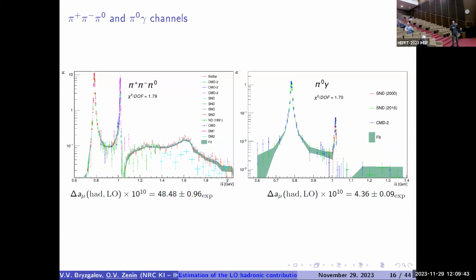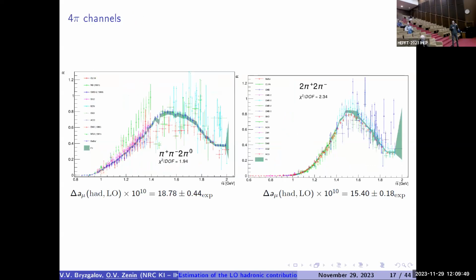Then the next contribution shown here is just the pi0 gamma final state. Okay, 4 pions. Again, we have problems with the fit here, but as long as we do not exclude any data, we just scale up the resulting error.